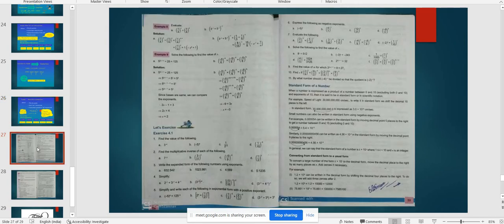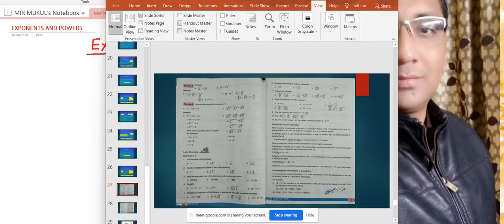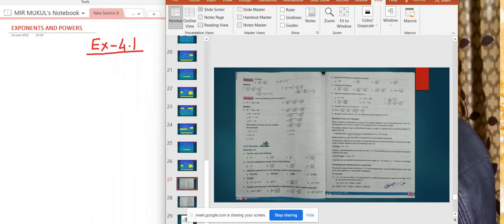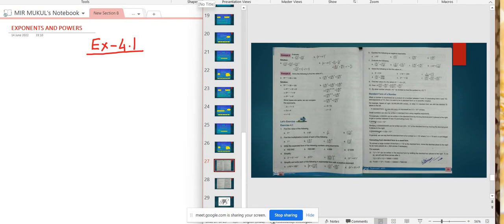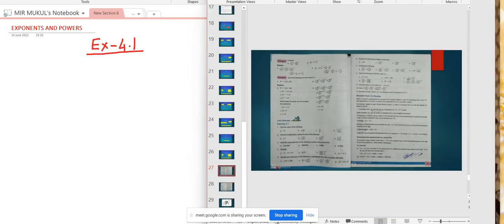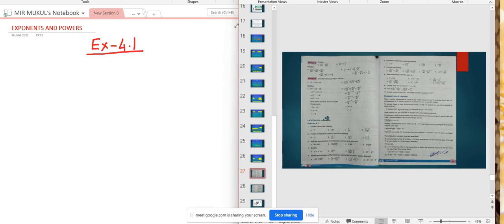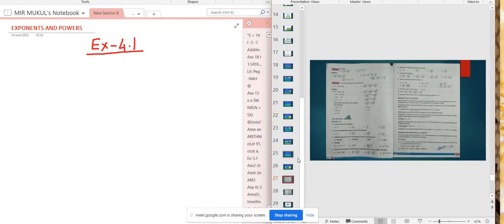Now we will solve this exercise 4.1, right? Just observe the questions of 4.1.